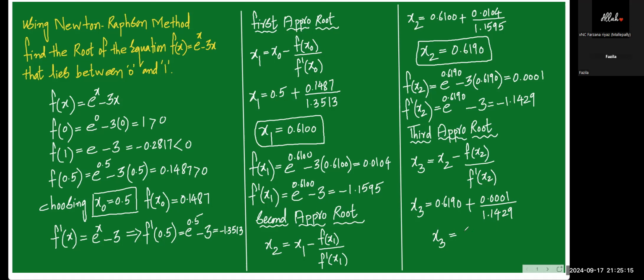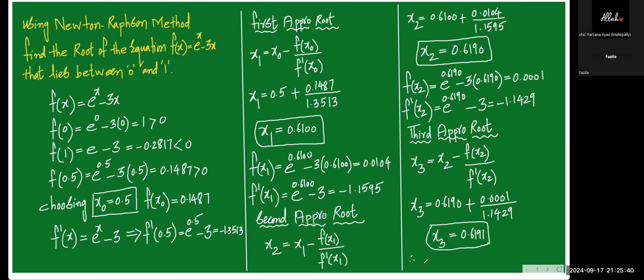Zero point 6191. हो गया, आंसर आ गया. 0.6191. Is it our answer is this only? This answer is correct now. Yes. देखिए डेसिमल के बाद 3 प्लेसेस मैच हो जा रहे ना. That's it.